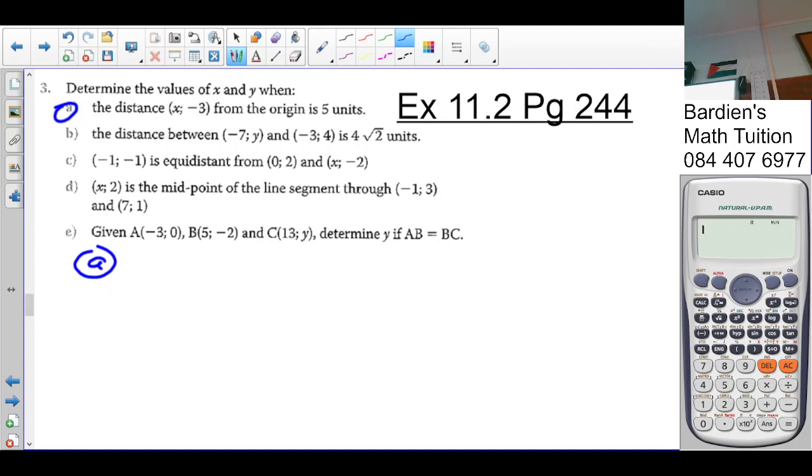So if you look at a line basically, if it's from the origin, the coordinates are 0 and 0, and the length is 5 to x and y, x and minus 3.